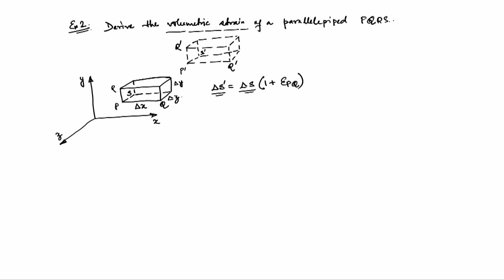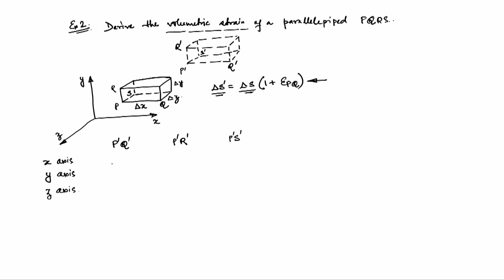Likewise, we can write down the complete elongation of other edges like PR, PS following this mathematical model. If we do that, we have P prime Q prime, then P prime R prime, and then P prime S prime, and we have x axis, then y axis and z axis.